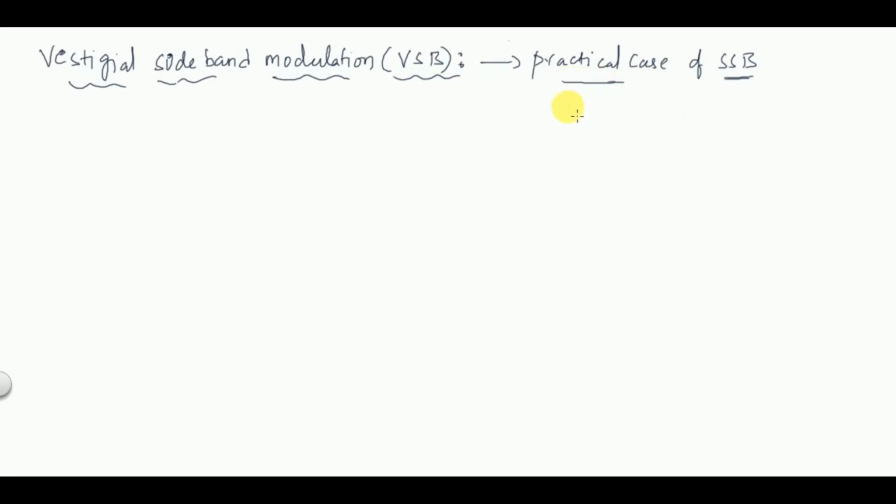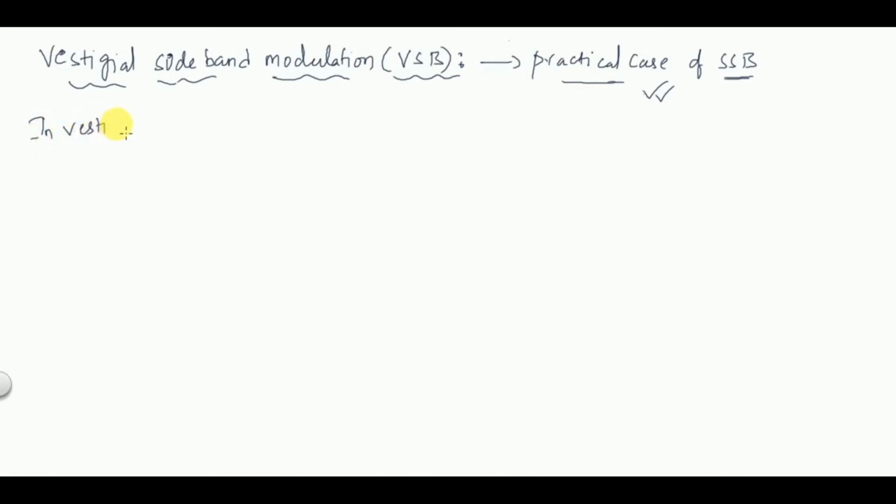When you use practical filters, along with the required sideband, some part of the other sideband is also there. That is why SSB is used in the transmission of voice signals only.